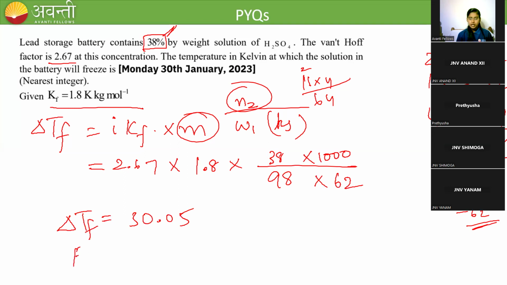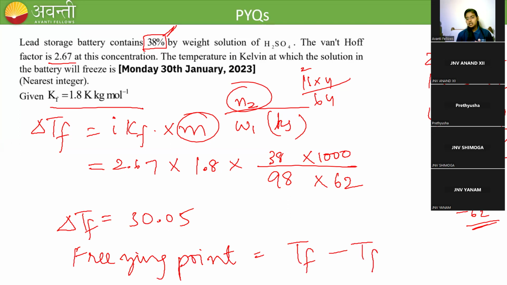But we are asked to find the freezing point. So freezing point is equal to Tf0 minus delta Tf. Tf0 is the freezing point of water and delta Tf we have calculated.